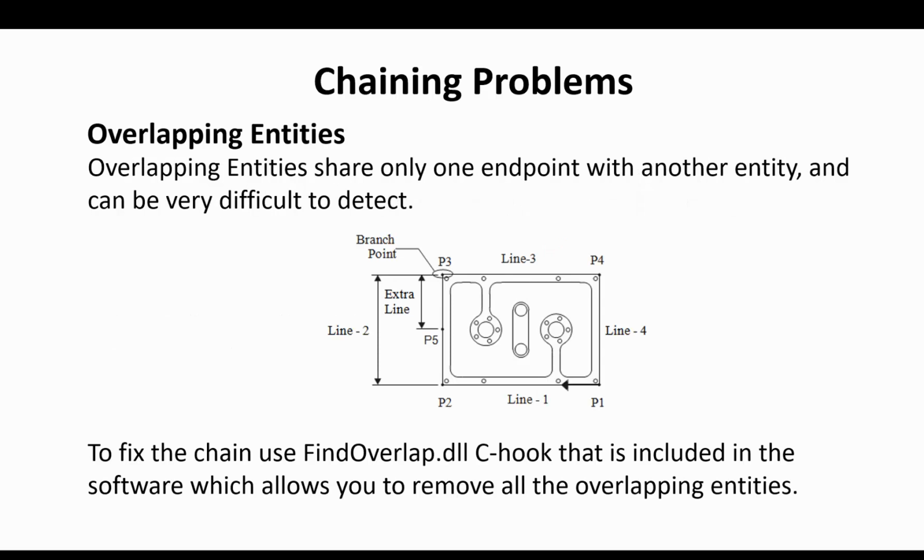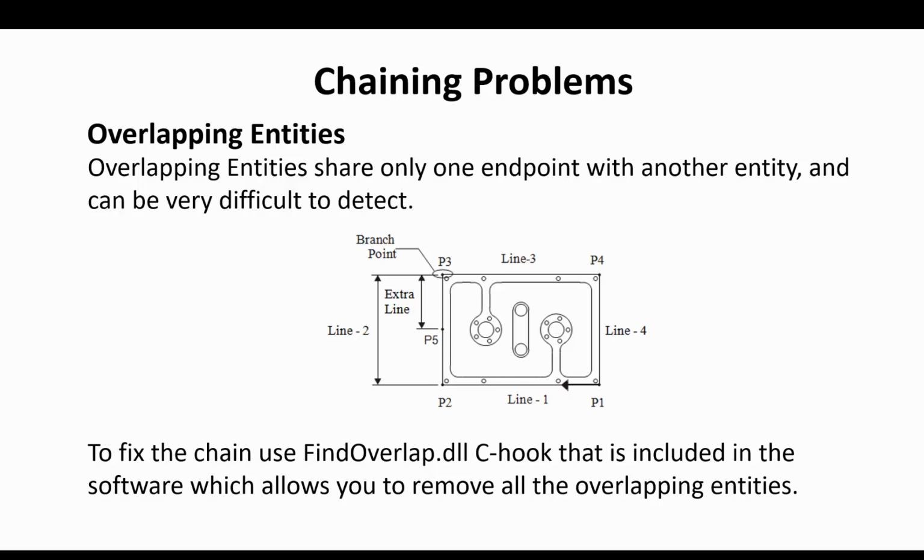Overlapping entities share only one endpoint with another entity and can be very difficult to detect. Consider, for example, the profile shown. It consists of 4 lines connecting points P1, P2, P3, and P4, and an extra line between the points P3 and P5.